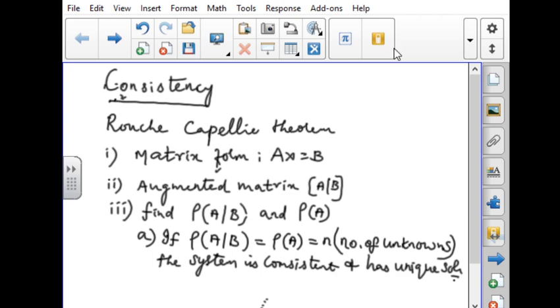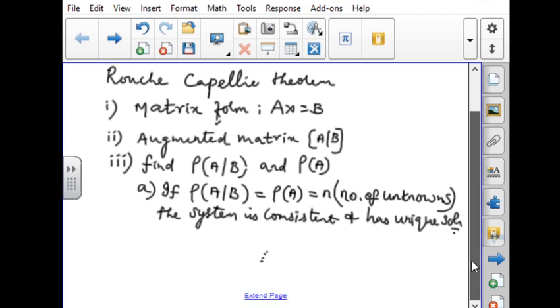So the first step is to write the given equation in matrix form. The second step is the augmented matrix. The third step is to find the rank of [A|B] and the rank of A. After finding the rank, we have to check whether it is equal to n, where n is the number of unknowns. If both ranks are equal to n, we can say that the system is consistent and has a unique solution.